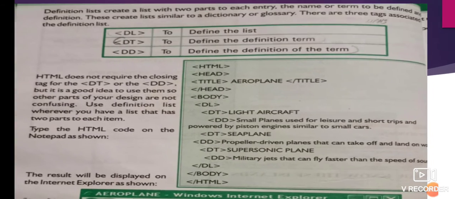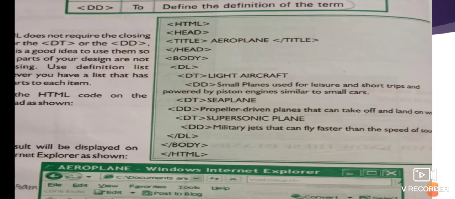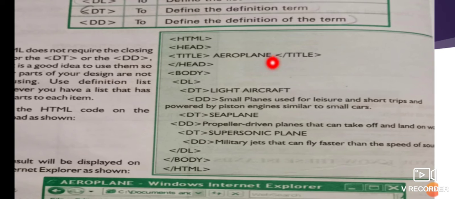Okay, so let us see. First of all, what is DL? DL is to define the list, DT stands for to define the definition term, and DD is to define the definition of the term.